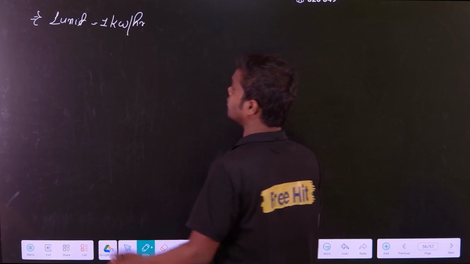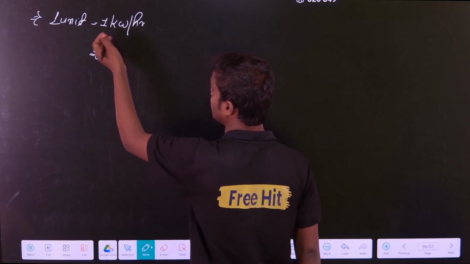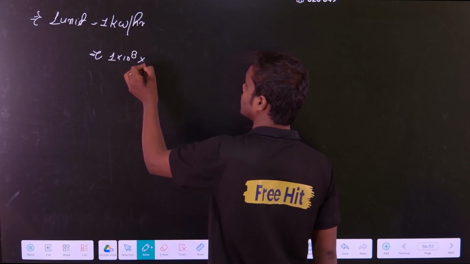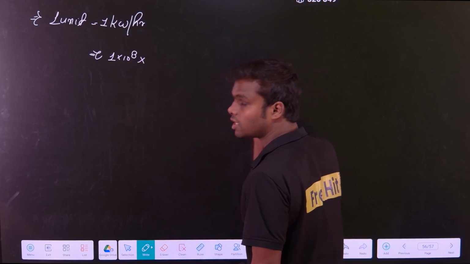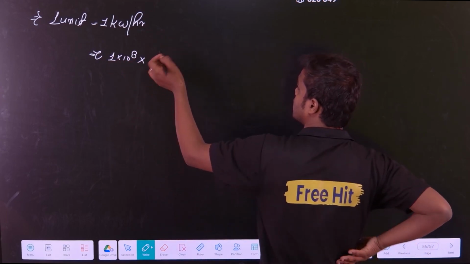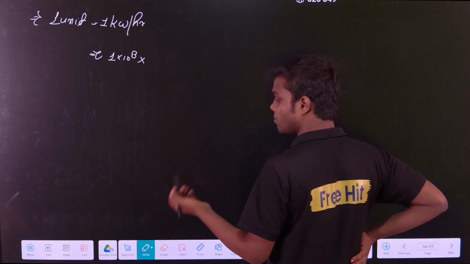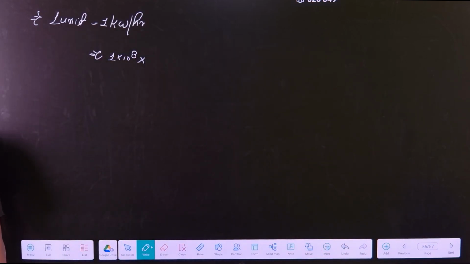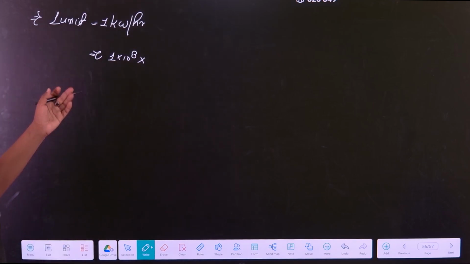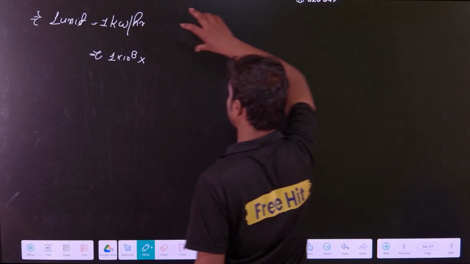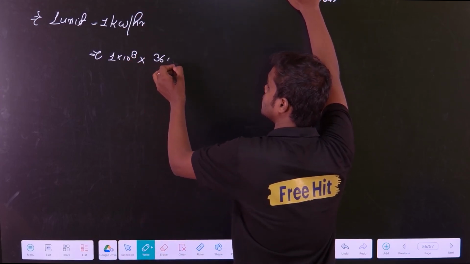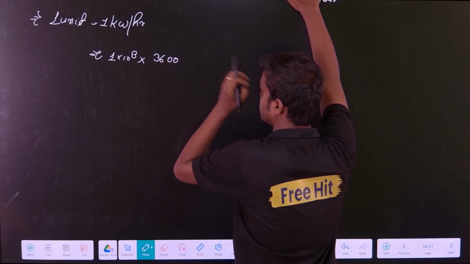Now if you want to convert into joules, 1 kilo means 10 to the power 3 watt. Then convert the hour into seconds. You will multiply by 1 hour, and 1 hour is 3600 seconds.